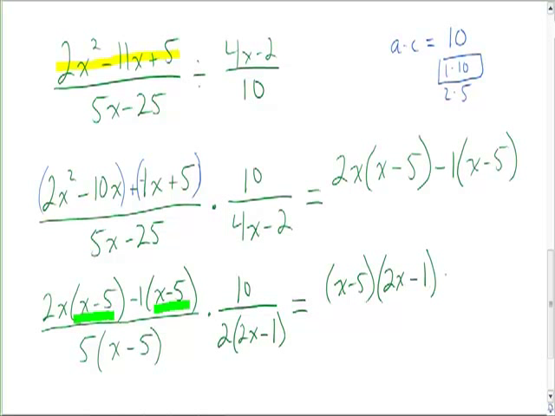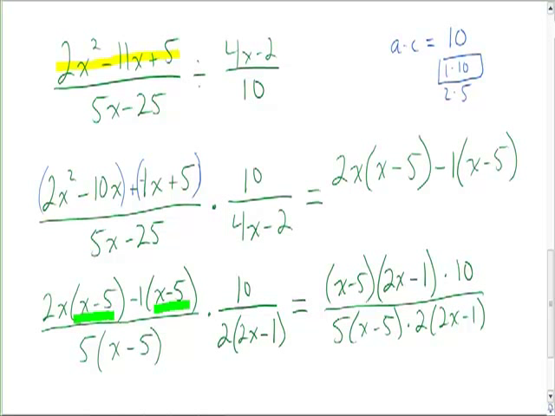And of course, this is all being multiplied by 10, which is in the second fraction, over 5 times x minus 5 times 2 times 2x minus 1. We're just going ahead and writing it all as one big fraction now.